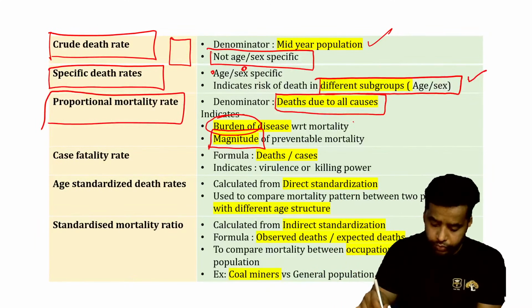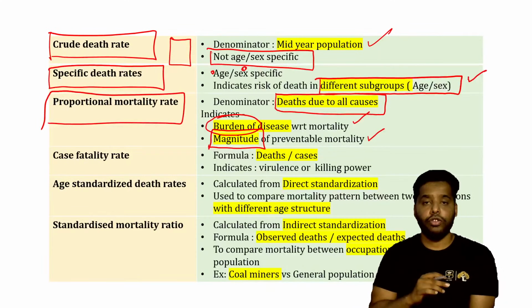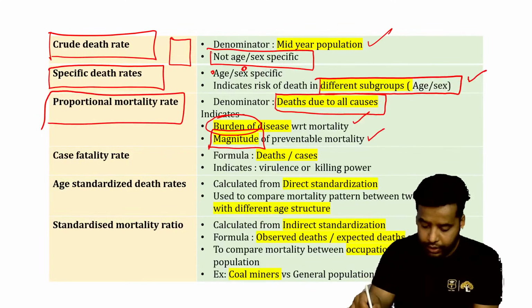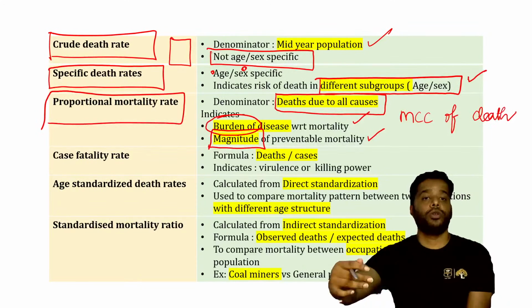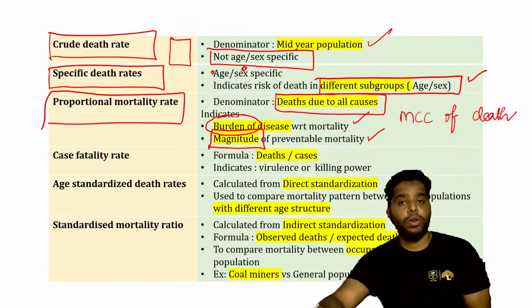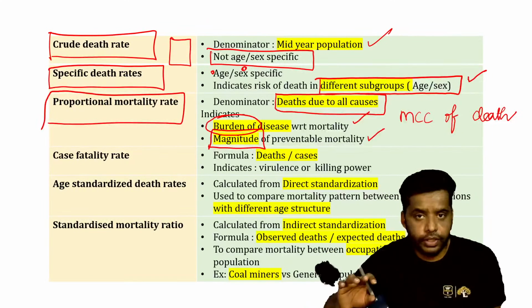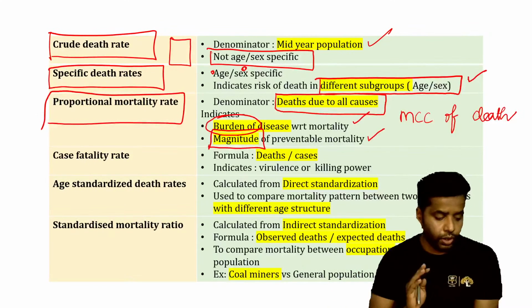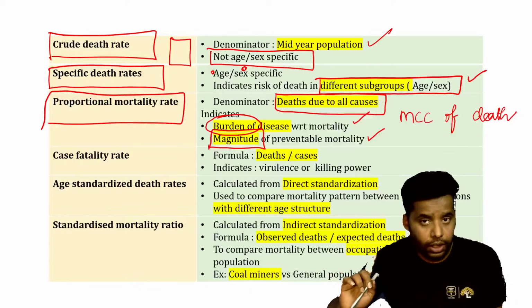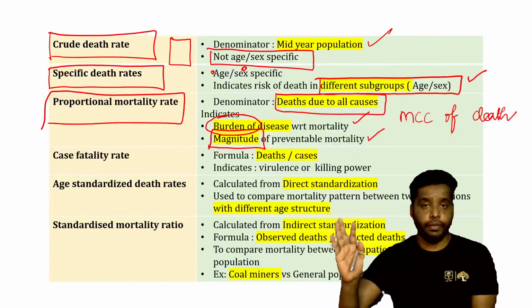So if they ask burden of disease, magnitude of preventable mortality, or the most common cause of death, which disease is contributing more, all these points go in favor of proportional mortality rate. What is the denominator? Total deaths.